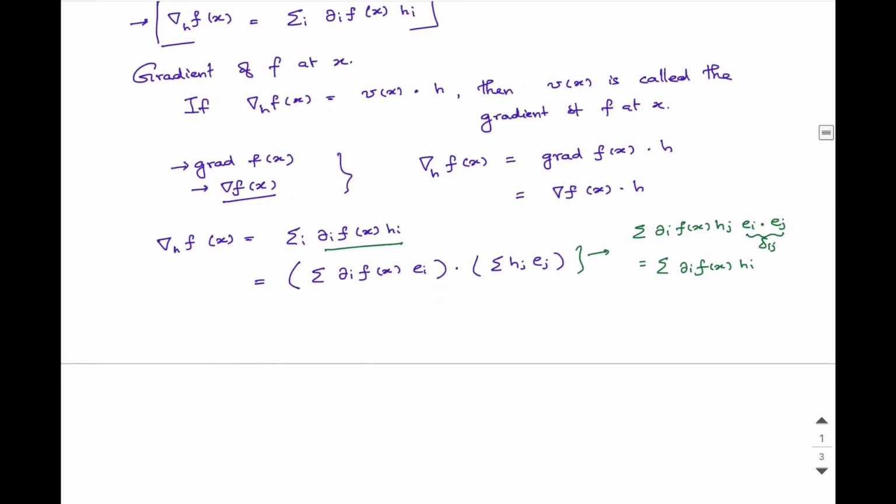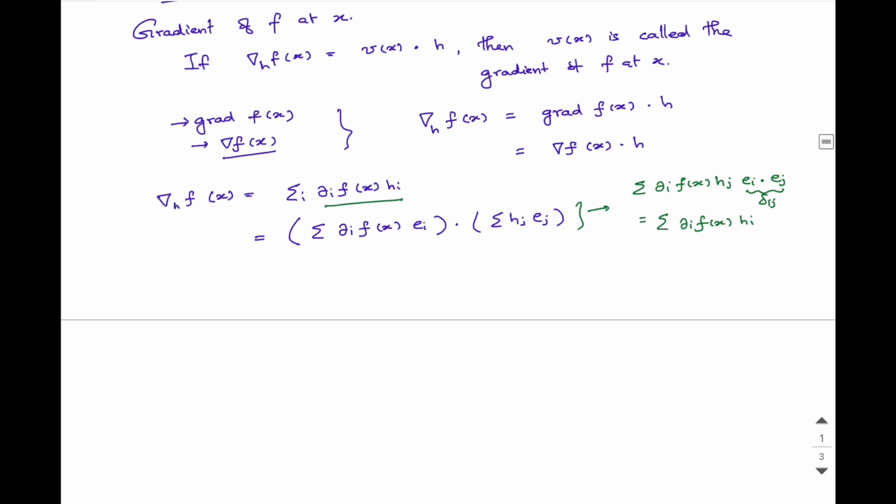So that justifies the way of writing it like this. That's very simple. Good. Now notice that this is of the form of the inner product of this quantity with the other, and this is nothing but h. That's exactly the definition of the coordinate representation of h, or rather the basis representation.